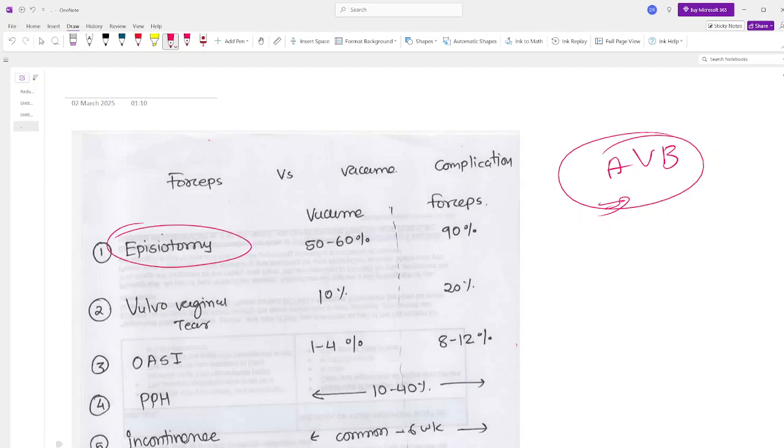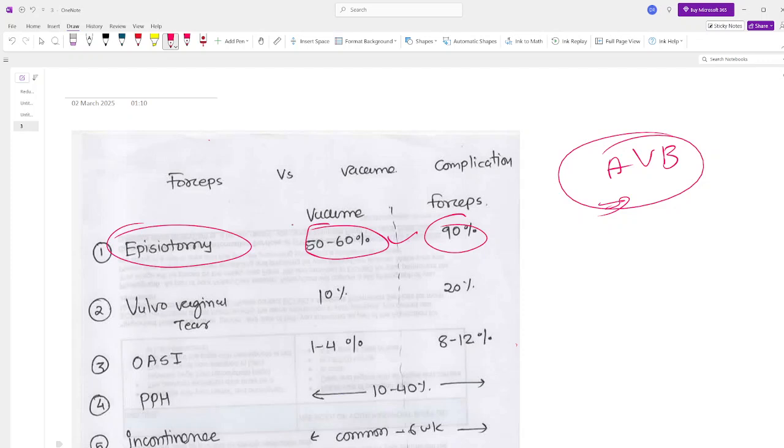The examiner might ask whether it is important to give an episiotomy to all patients before going for assisted vaginal birth. The answer is no. Not all cases require episiotomy prior to vacuum and forceps. But we have the statistics: 90% for the forceps and 50 to 60% for the vacuum.